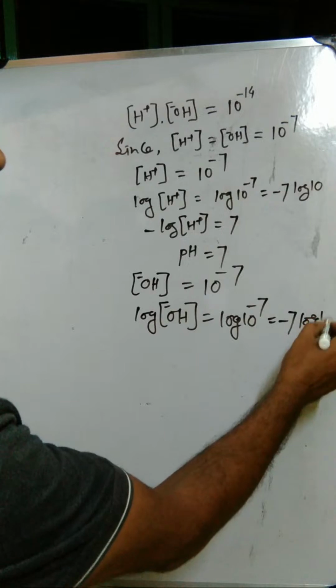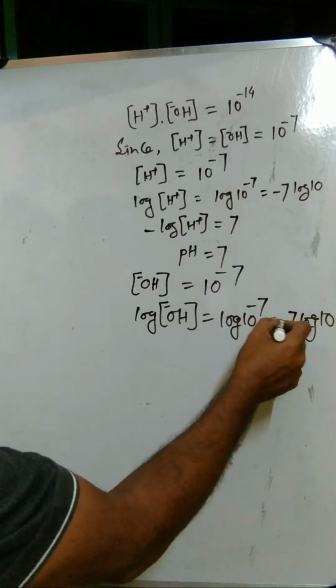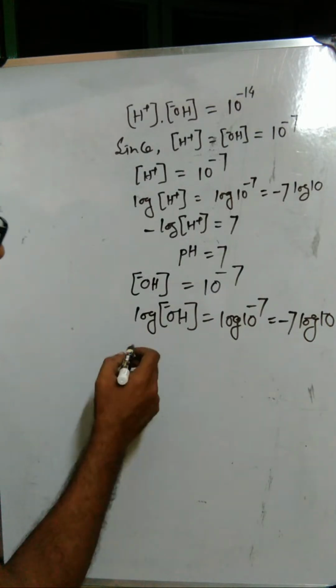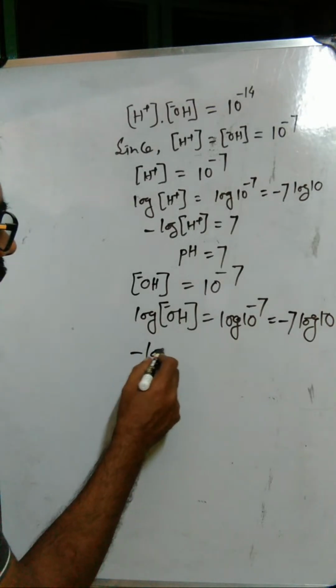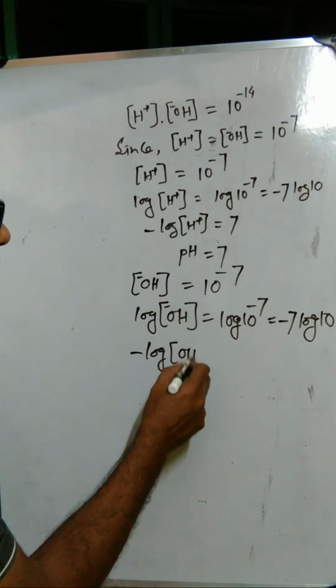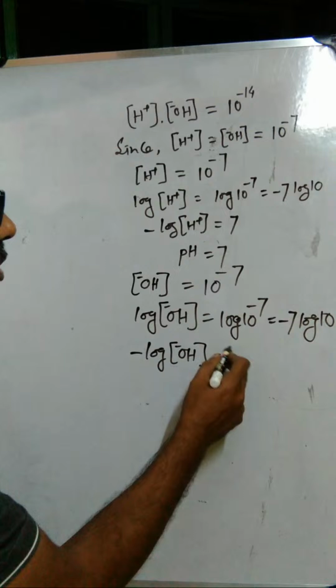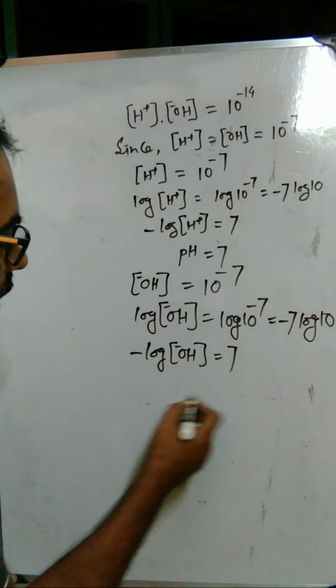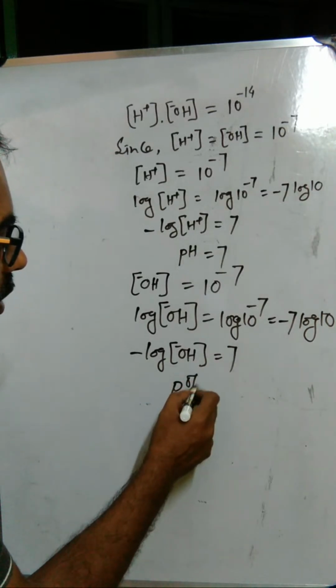Now the value of log 10 is 1, so that is minus 7. To make it positive, minus is taken on both sides. Therefore, minus log of concentration of OH minus equals just 7, and the negative log of OH minus is called pOH.